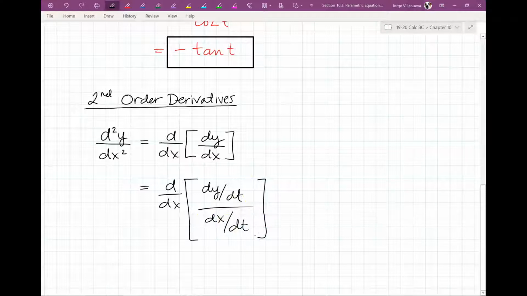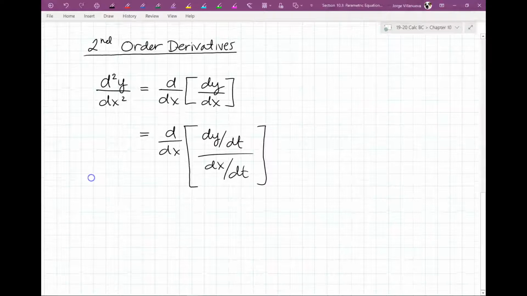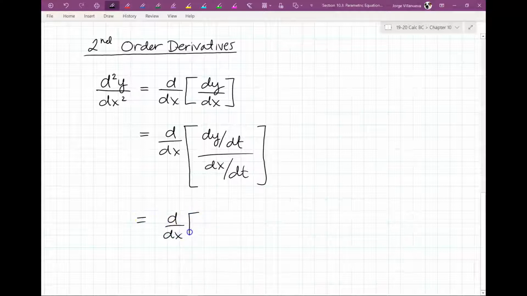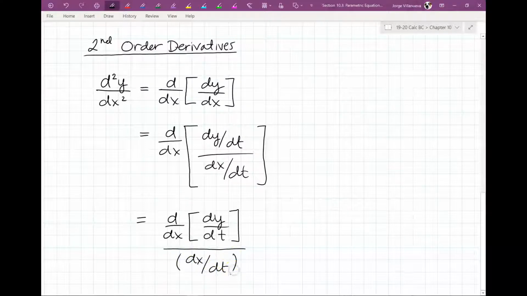That's what dy dx is in parametric form. It's dy dt over dx dt. Well, if I do that, then I can actually multiply the d dx to the numerator. So it's going to look like this. d dx of dy dt divided by dx dt.